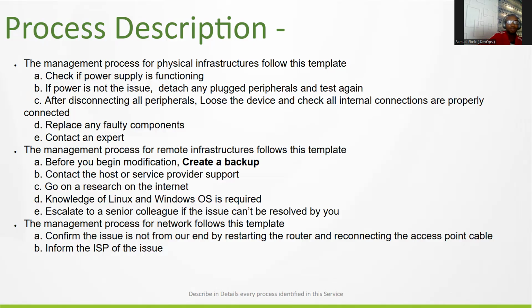Next, we open up the device to make sure all internal connections are secure. If any component is faulty, we replace it, and if the issue persists, we escalate by contacting the vendor. This clear step-by-step approach ensures that problems are resolved efficiently while also minimizing downtime.